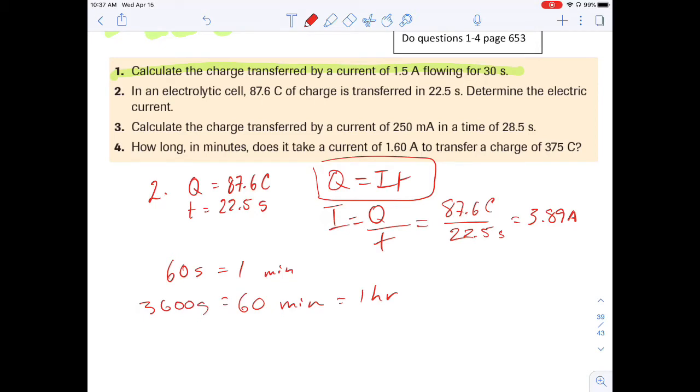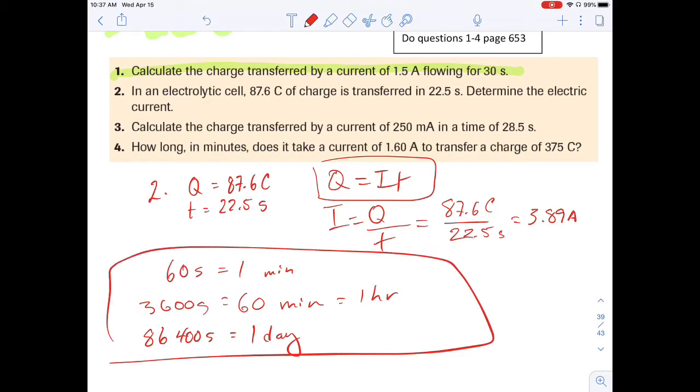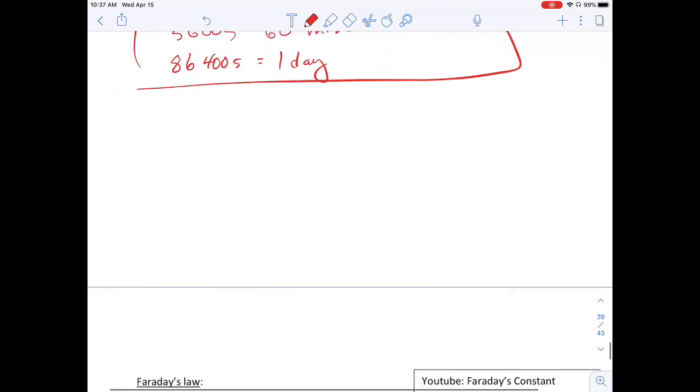And if we had a day, it's going to be 86,400 seconds equals 1 day. You're going to need to be able to do the conversion between seconds and different amounts of time. Some of these reactions occur for long periods of time if they're plating out quite a bit.